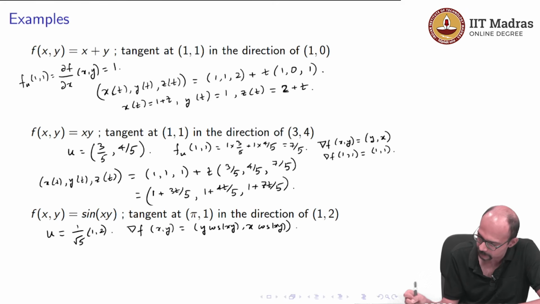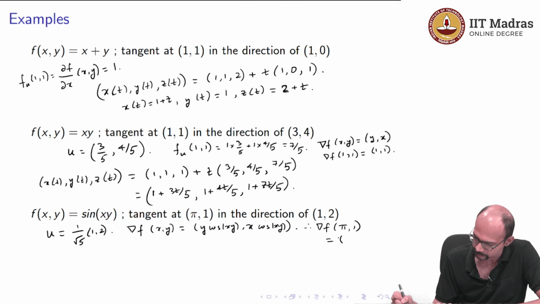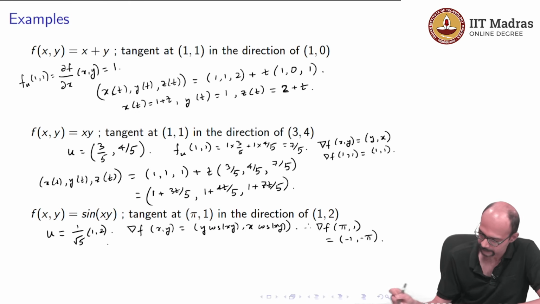So, if we compute this at pi comma 1, we get gradient of f at pi comma 1 is cosine of pi, which is minus 1, and then pi times cosine of pi, which is minus pi.